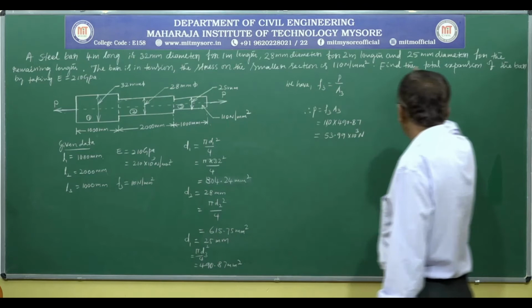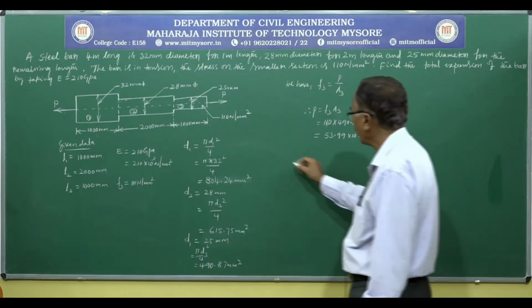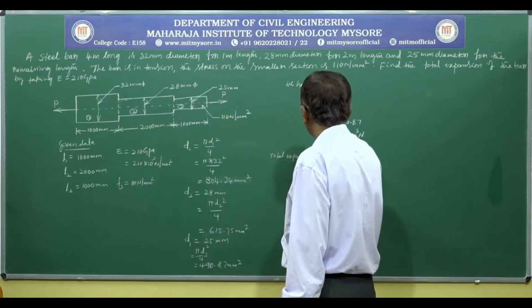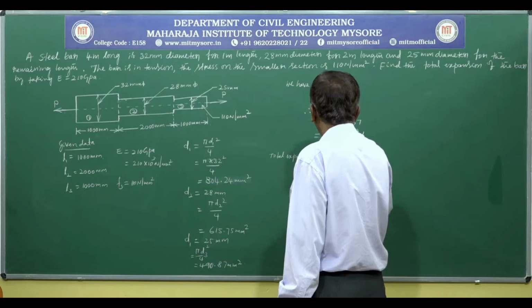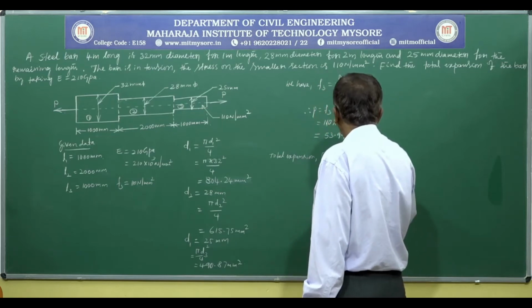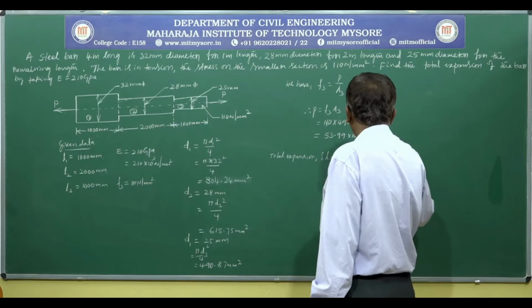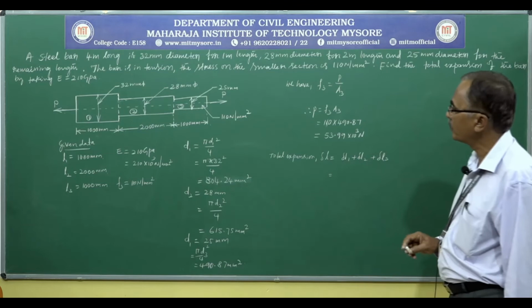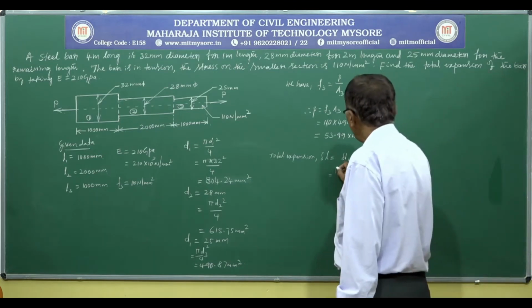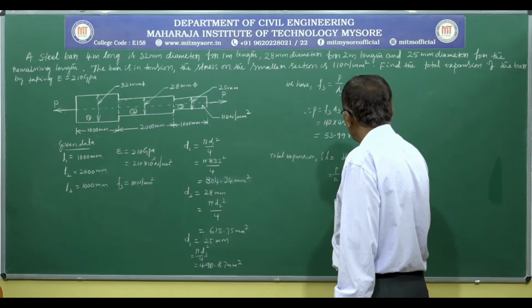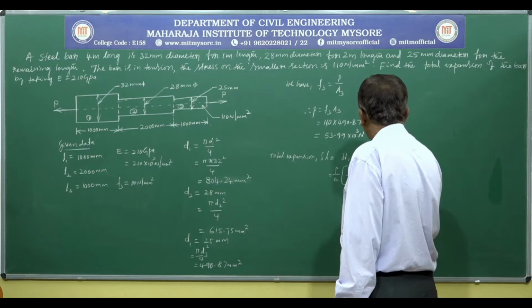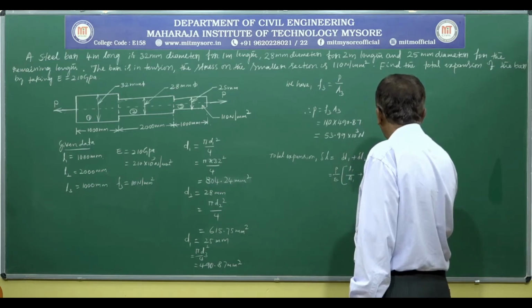Now, asked to calculate total expansion. Total expansion delta L is equal to delta L1 plus delta L2 plus delta L3. Here P and E are common, so we can take them outside. That is equal to P by E into L1 by A1 plus L2 by A2 plus L3 by A3.